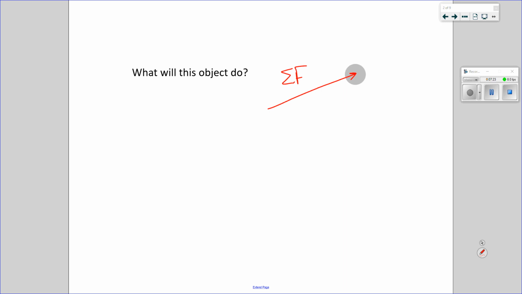Well, if an object with zero net force can't change velocity, then an object with a net force exerted on it by something else or by other things will change velocity. This object must change velocity.